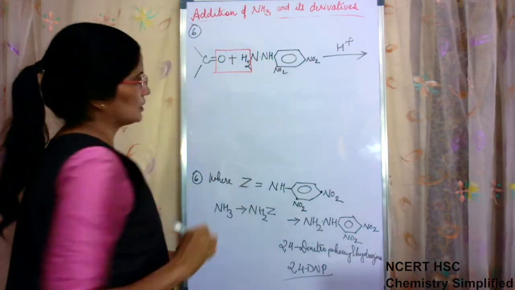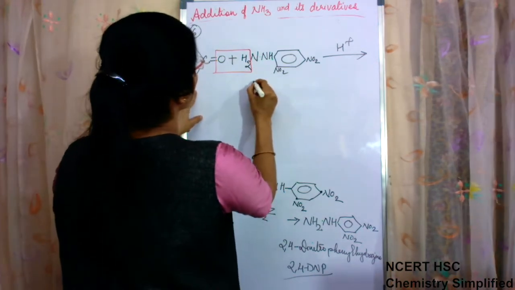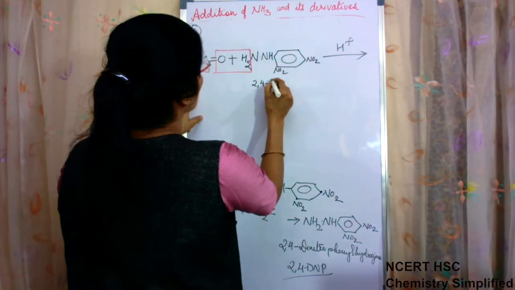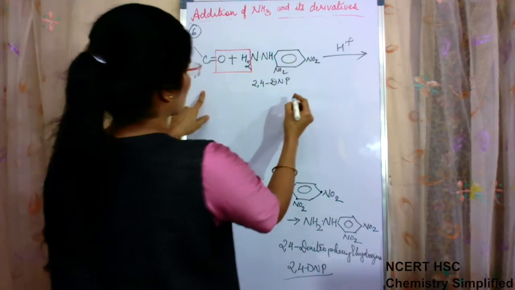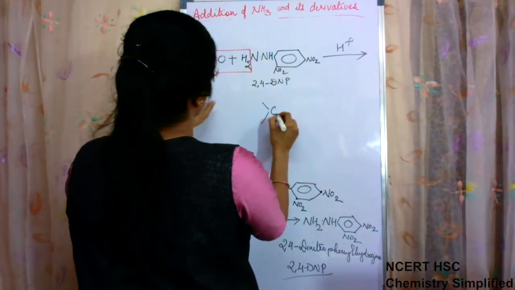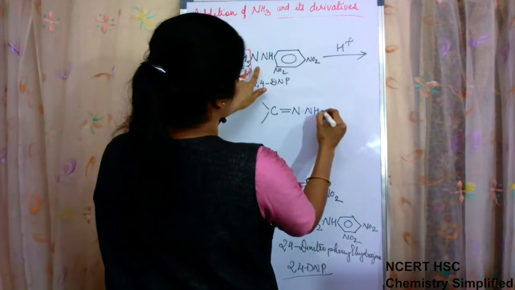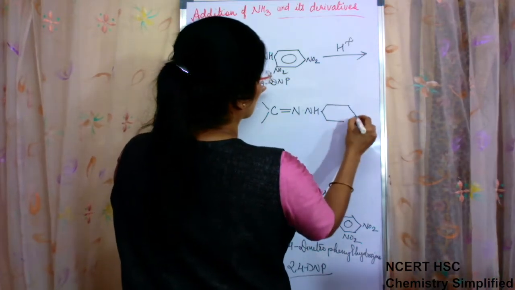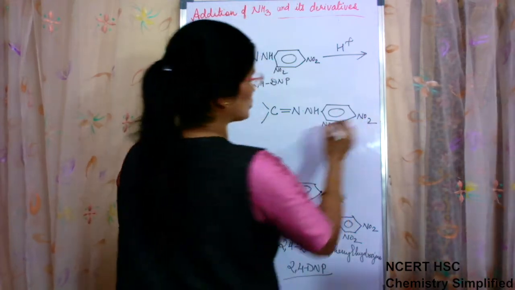Water will be removed, and because this is 2,4-dinitrophenylhydrazine, the product will be C double bond N, NH, nitro group on 2 and 4 position.